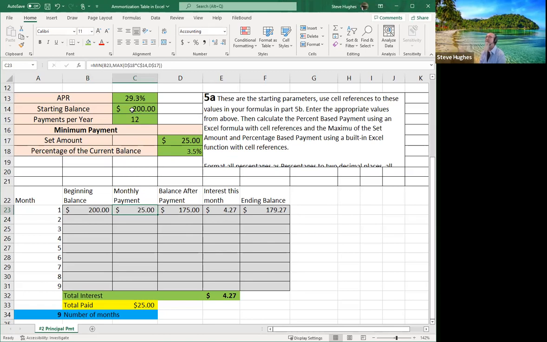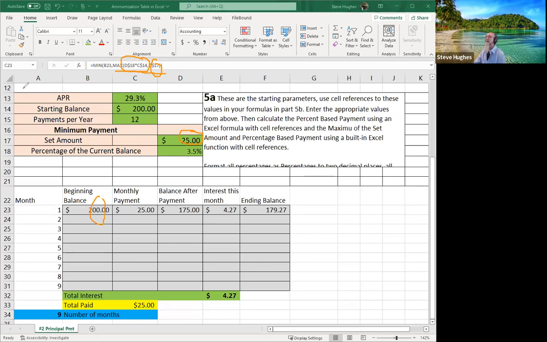So we want the minimum amount of the balance or the maximum amount of either $25, that's D17 right there, or the percentage, which is 3.5% of the current balance. That is D18 times C14.